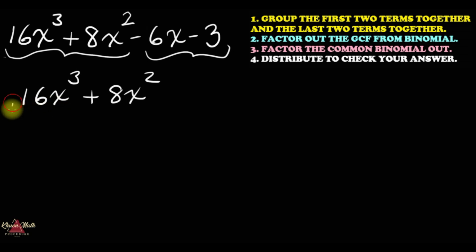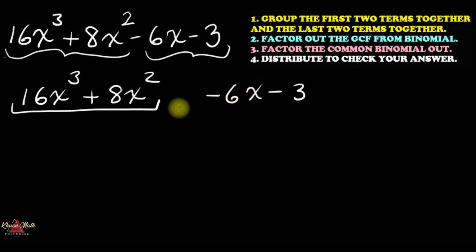That's your first two terms. And then the other group, the last two terms, is negative 6x minus 3. Okay, so that's step 1. Now step 2 is to factor out the greatest common factor from each binomial.